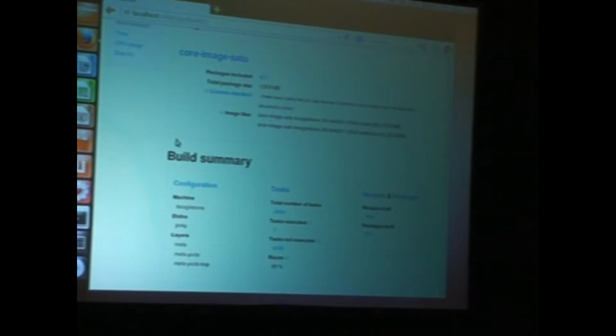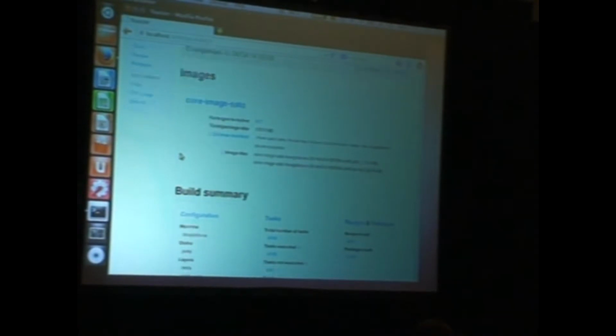It has 3 layers, a number of tasks, and some recipes and packages. And the other one, it's also for BeagleBone, Poky. It has 3 layers, and yeah, looks similar.